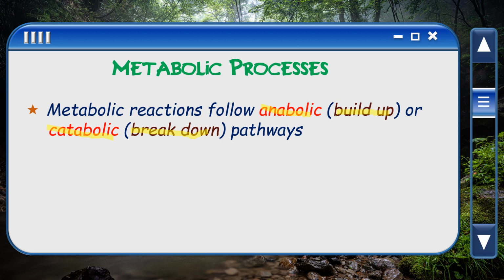But when we are breaking down a bigger molecule into smaller molecules, for example, proteins being broken down to amino acids, that one is breaking a bigger molecule into a smaller molecule. Therefore, that type of reaction is called a catabolic reaction. And it is a metabolic reaction, but of catabolic type, or breaking down.